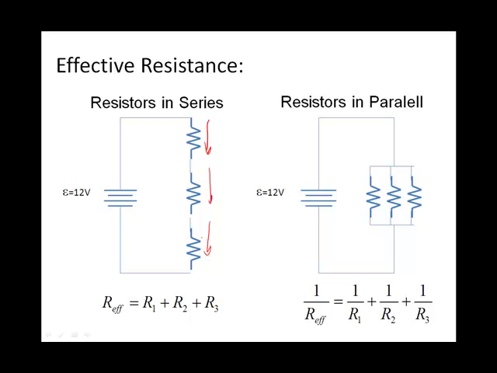So for resistors in series, the resistance increases as the sum of all the individual resistances. For resistors in parallel, the net resistance goes down because the electrons have more pathways to take as they go through the circuit.